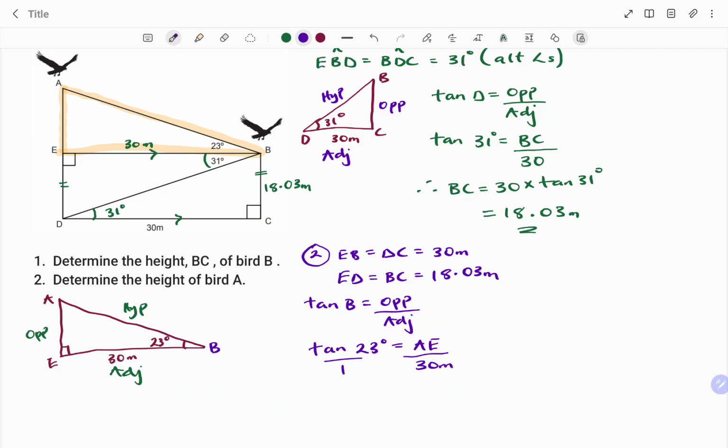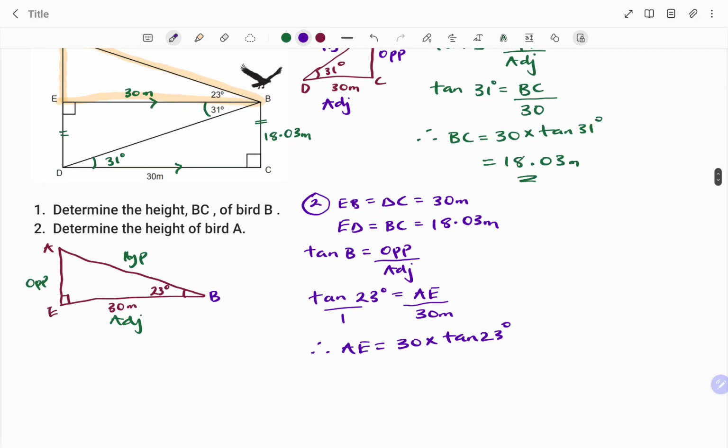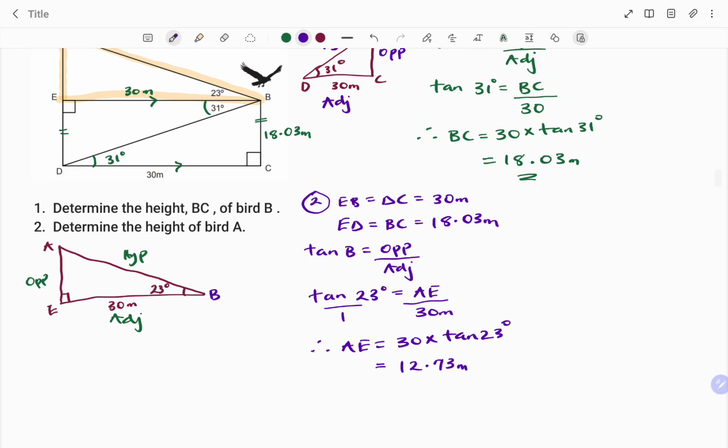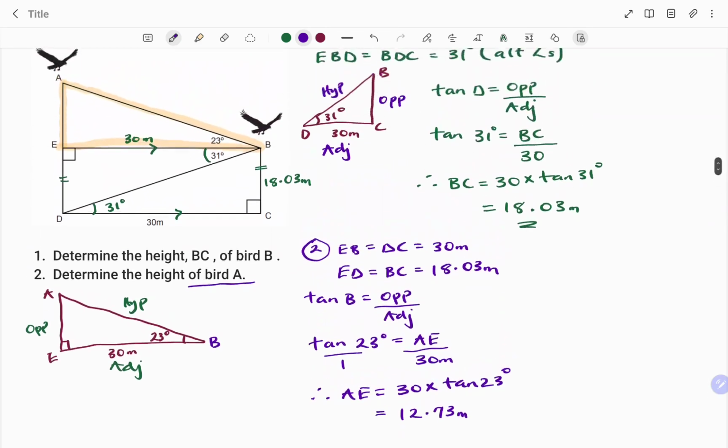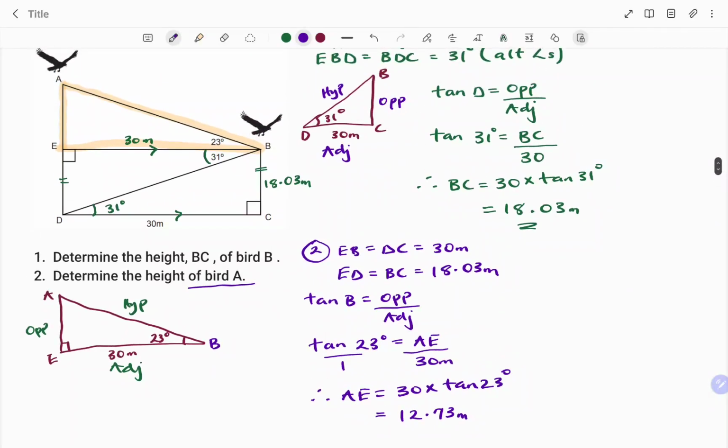This is over 1, so therefore, my AE is equal to 30 times tan of angle 23 degrees. So AE is equal to 12.73 meters.